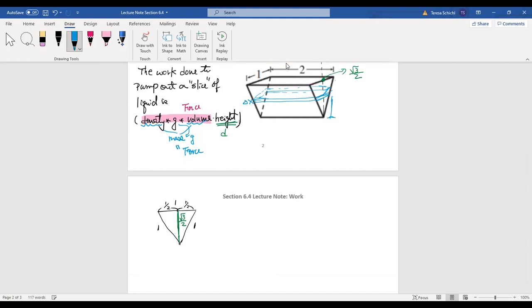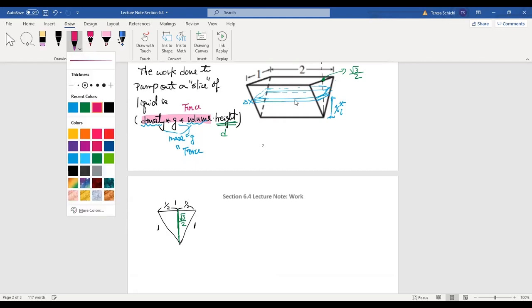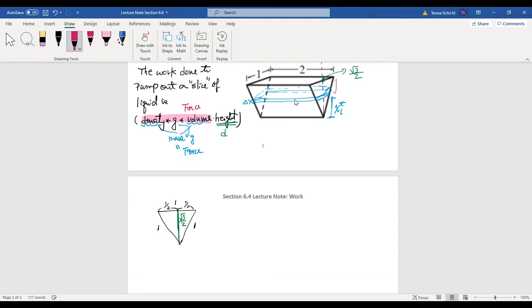If from here to here the distance is xi star, this is the slice of the water I am trying to pump out. Now, how high do I need to pump that out?